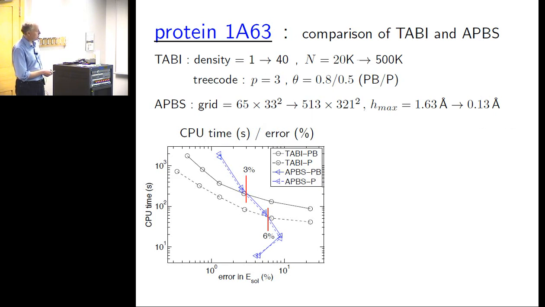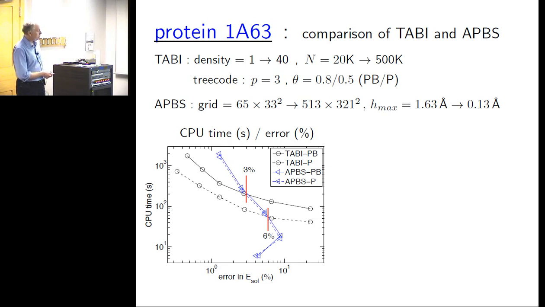So the boundary integral results are these black lines. As the error decreases, the CPU time goes up in all cases. The boundary integral method solves the Poisson equation faster than the Poisson-Boltzmann equation. So the dashed line here is lower than the solid line here. The grid-based APBS results are here.